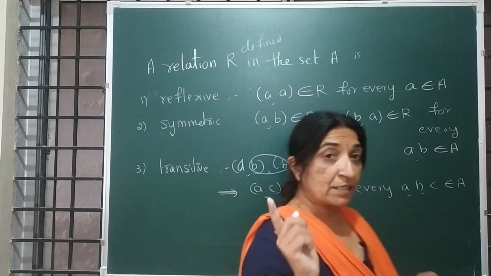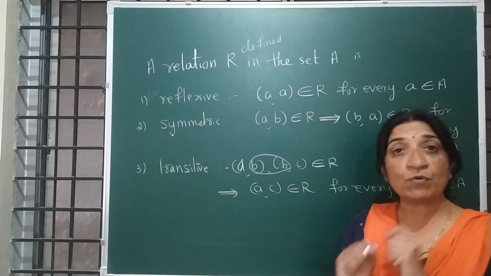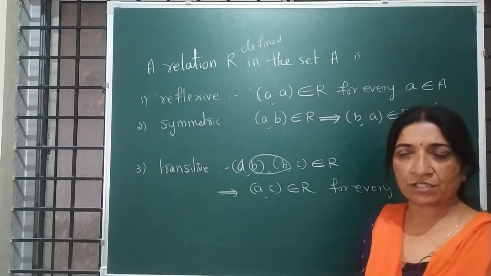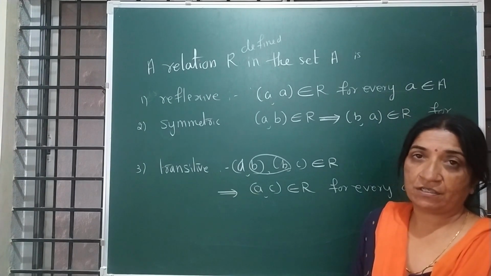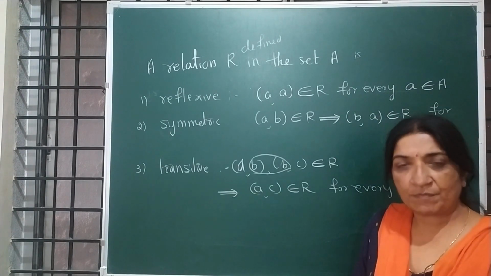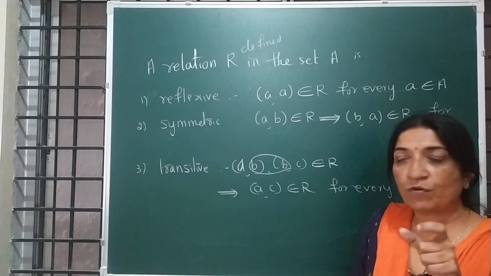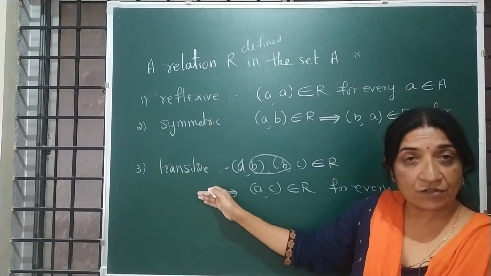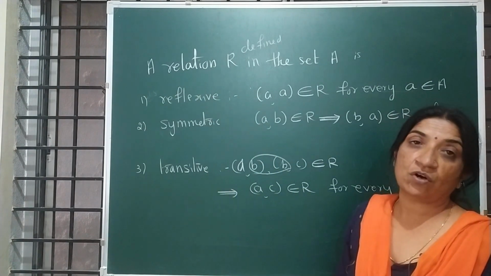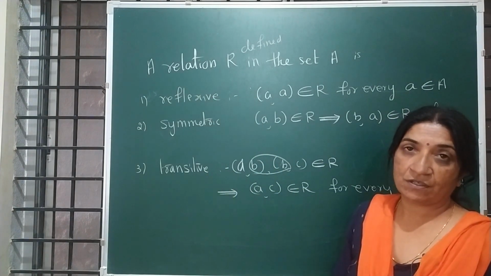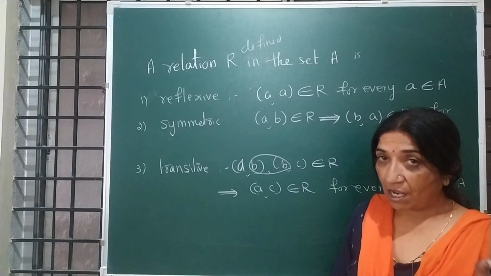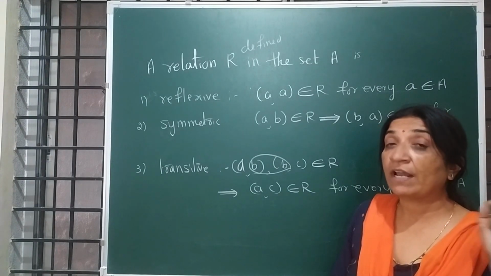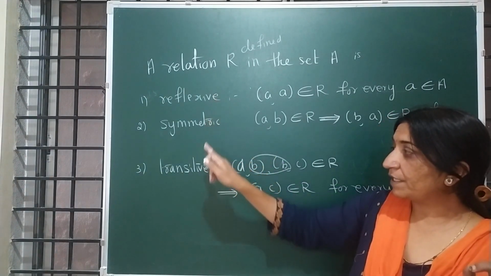After writing each individual one, we have one more definition. What is the definition? In one relation, that means in the same relation, if you find all the 3, reflexive, symmetric and transitive, then the relation is called an equivalence relation.